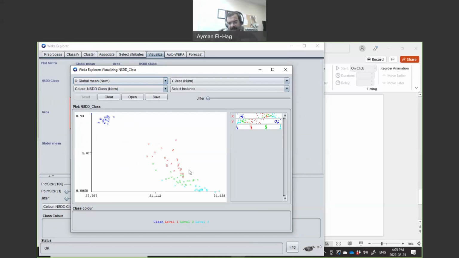The other classes somehow overlap between them. So you expect the clean to be classified at 100%, and level 3 is also a bit far. We expect that the overlap is between level 1 and level 2.